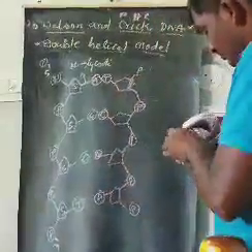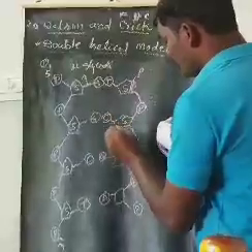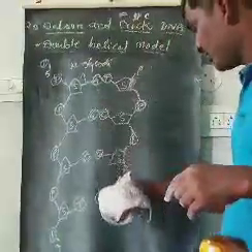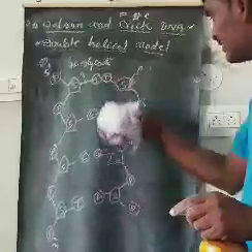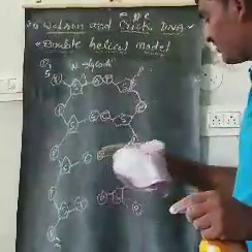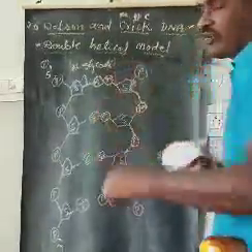Look, here is pentose sugar, pentose sugar, pentose sugar, and pentose sugar. The nitrogen base pairs project inside, and the phosphate molecules are outside.